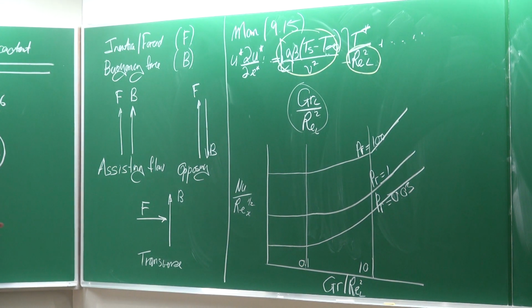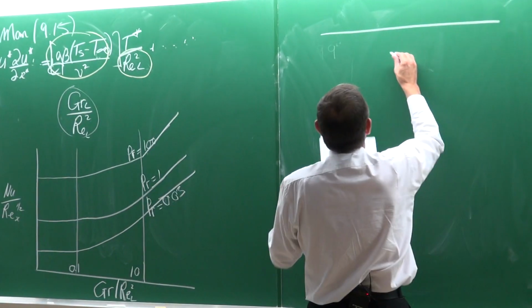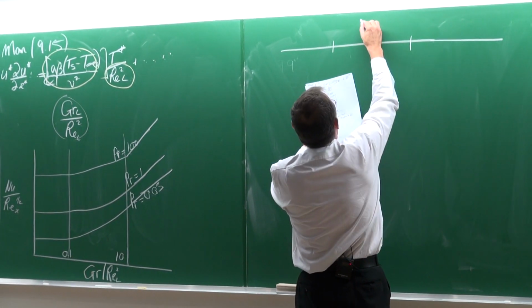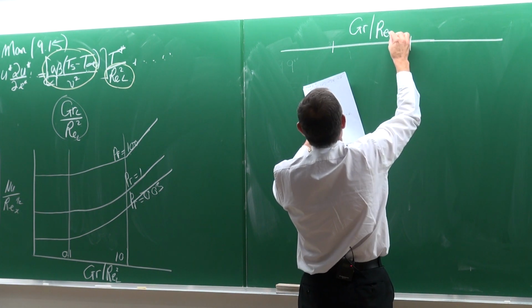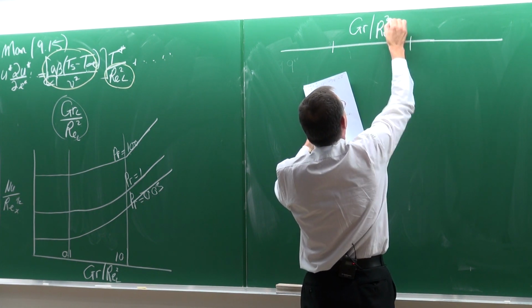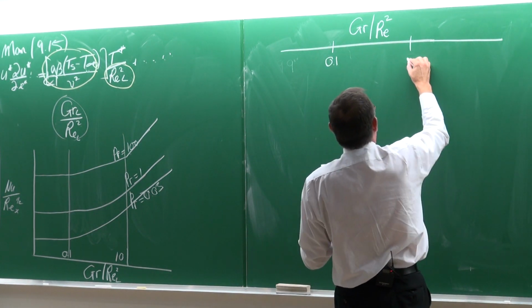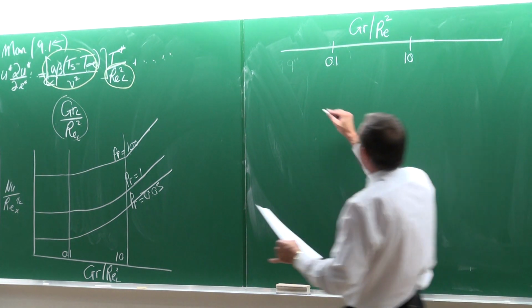If you look at it carefully and do lots of experiments, they suggested, well, that is actually now very easy. We can look at this ratio of the Grashof divided by the Reynolds number squared. If that is equal to 0.1 and that is equal to 10, let's categorize all the data.